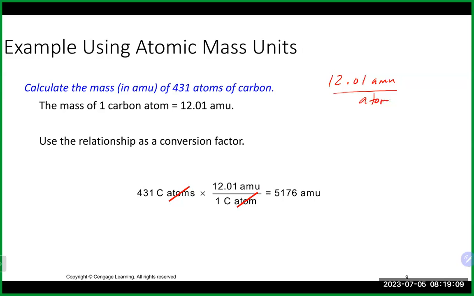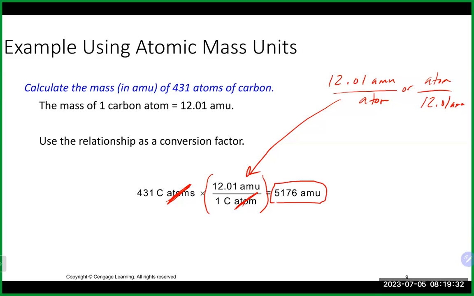So if we wanted to know the mass in AMU of 431 atoms, we would set up our dimensional analysis using this as a conversion factor, which, by the way, if you needed to, you could flip the other way if you were doing the opposite calculation. In this case, our atoms will cancel and leave us with about 5176 AMU as the mass of those 431 atoms.